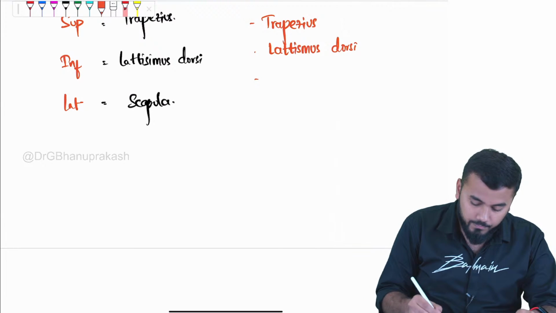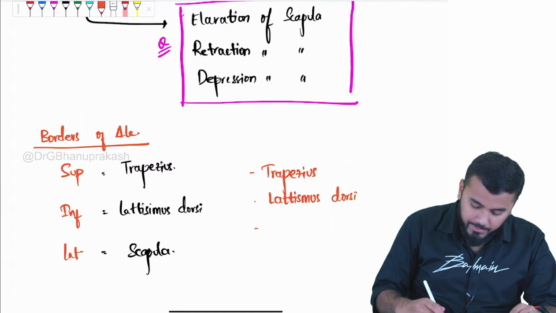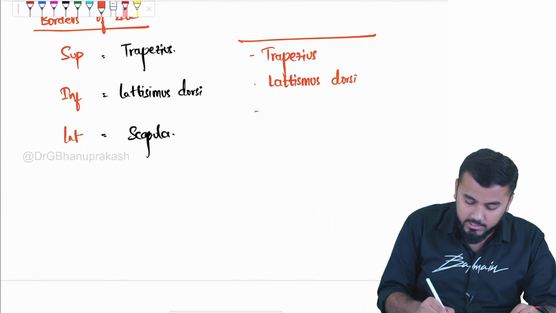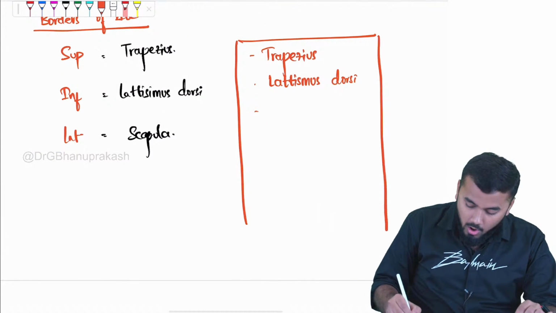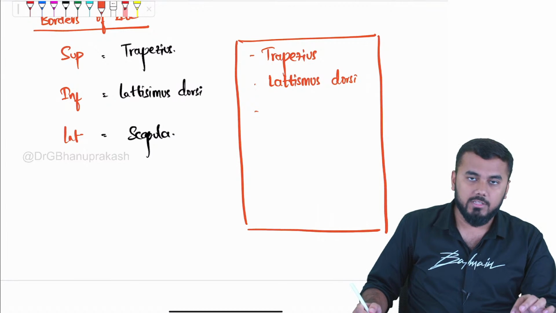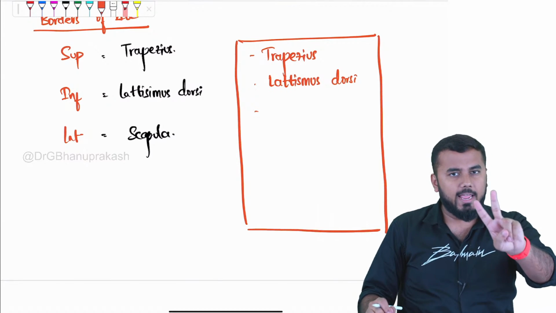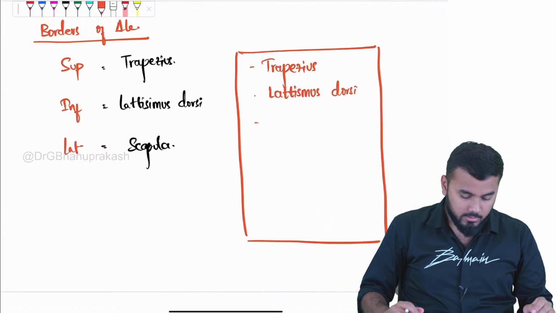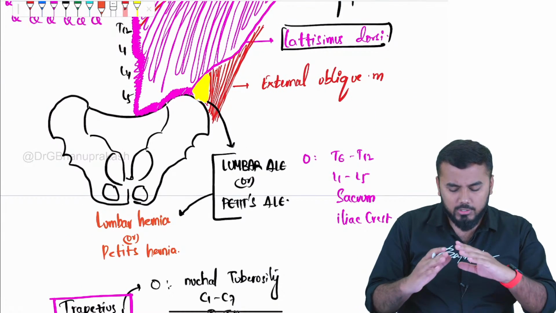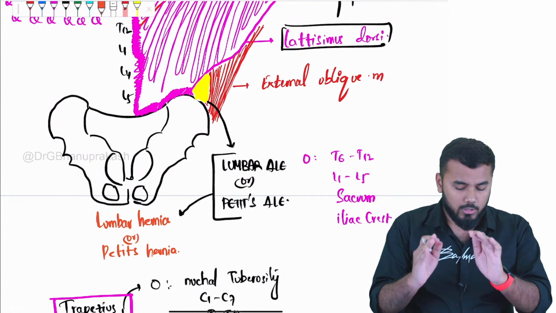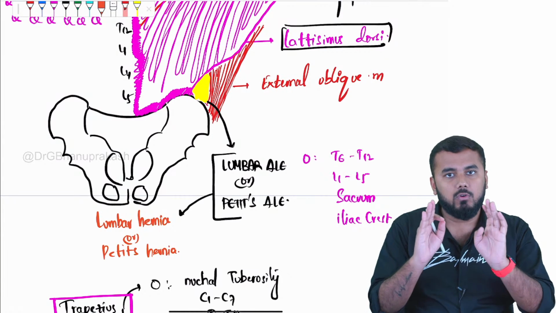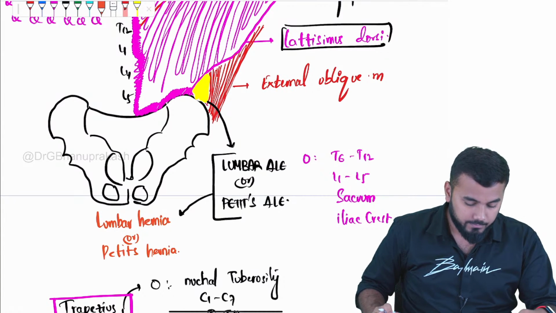We have discussed only two muscles, latissimus dorsi as well as trapezius, and all the clinically important points related to them. Did you understand those two triangles perfectly? I'm not writing the borders of Petit's triangle because by now you know, by looking at this picture, what will be the borders of Petit's triangle.